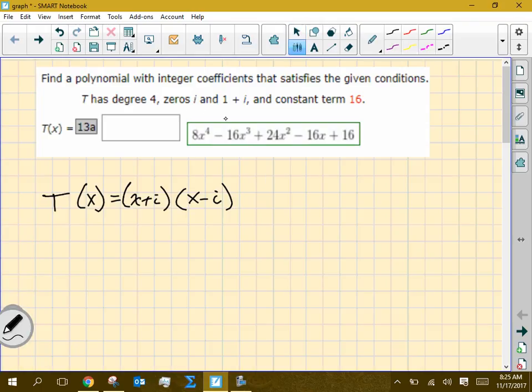Okay, so that came from that. I'm going to tell you, if you've got i as a 0, then its conjugate is also a 0. And then we've also got x minus 1 plus i and x minus 1 minus i. And that comes from that there.